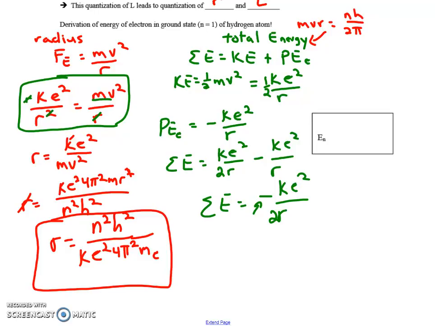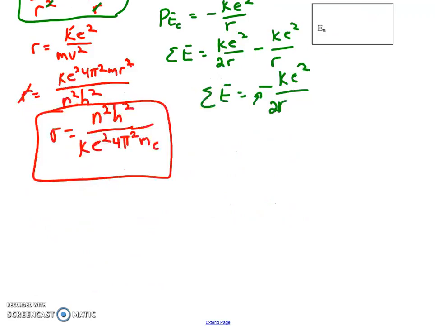Now we're going to bring in, this is a general formula. Now let's bring in what he assumed about the angular momentum. So things are going to get a little bit messy.